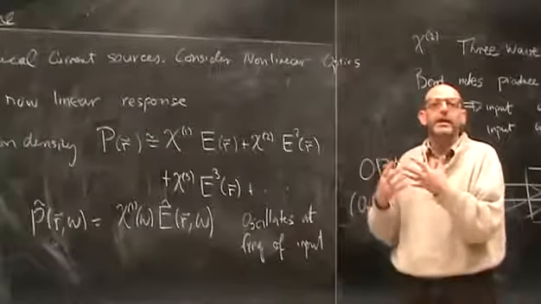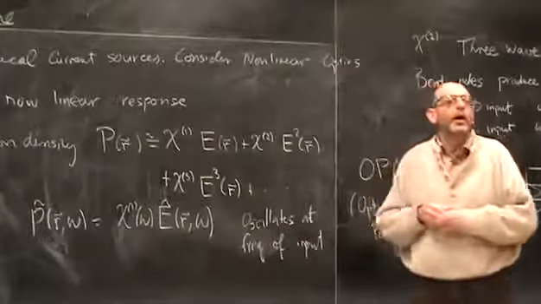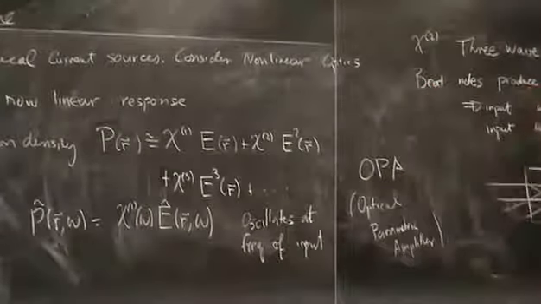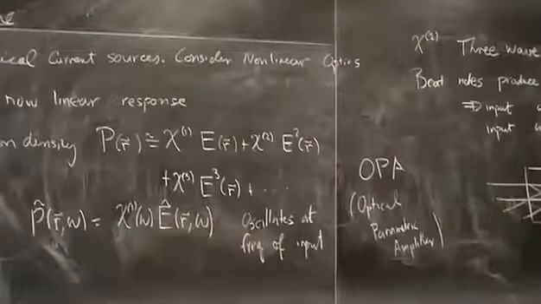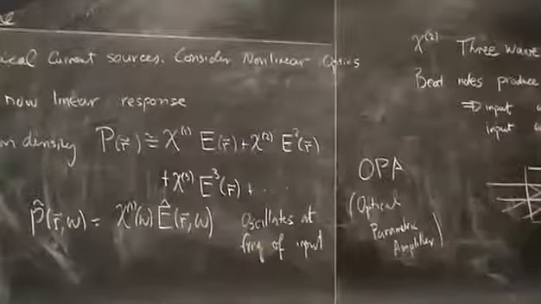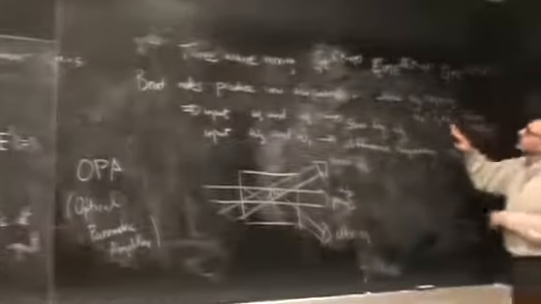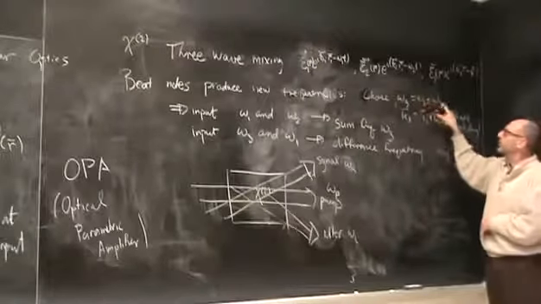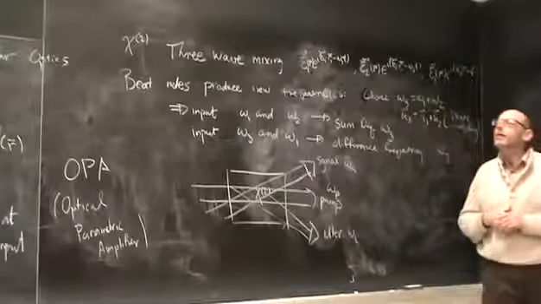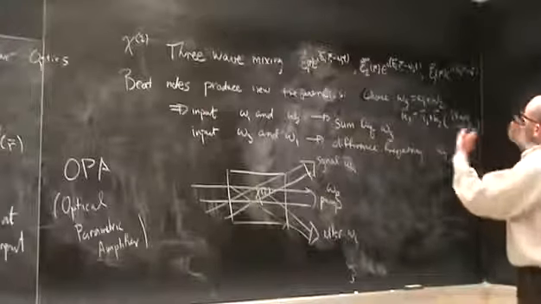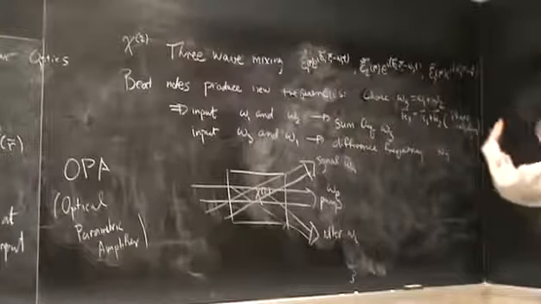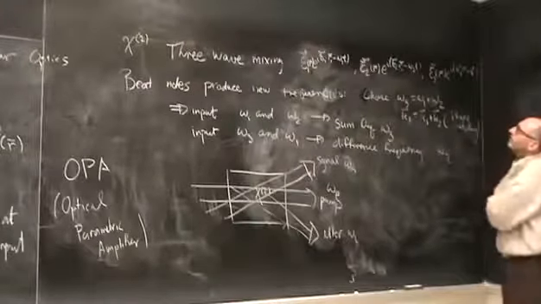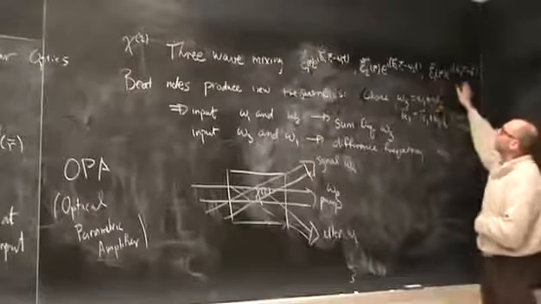That ends up being what we call a three-wave mixing process at frequencies omega 1, omega 2 and omega 3, where omega 1 plus omega 2 equals omega 3, and we look at the interaction between three waves that have those frequencies.